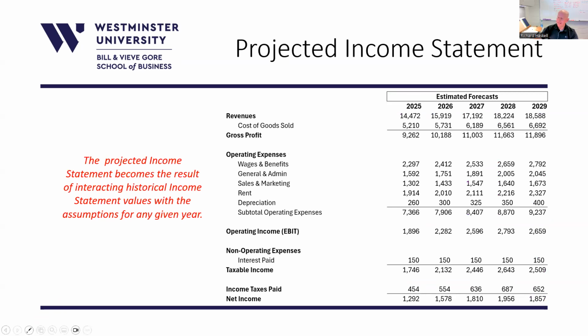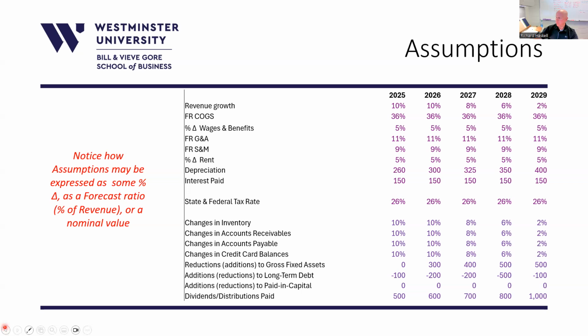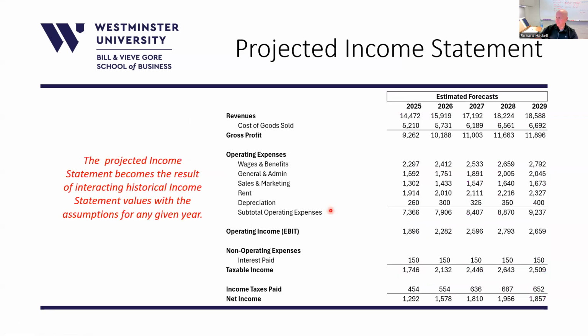I applied the dynamic of change represented in our assumptions table to each line of the income statement, other than subtotals like gross profit, or like subtotal operating expense, or EBIT, or taxable income, or net income. Those are simply subtotals.